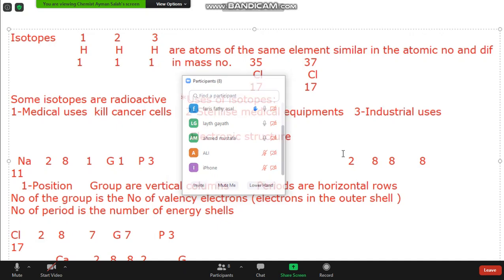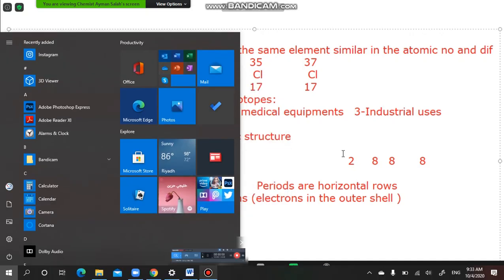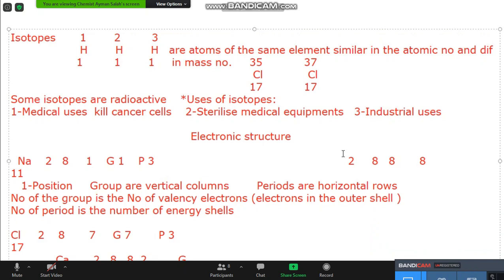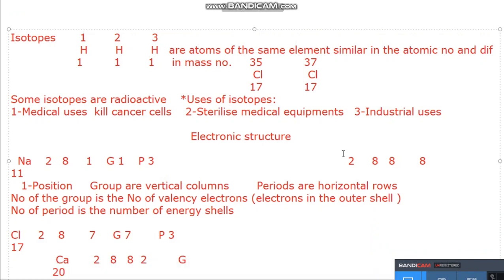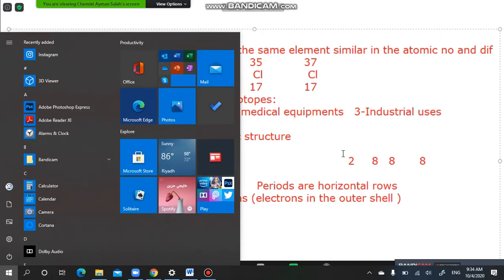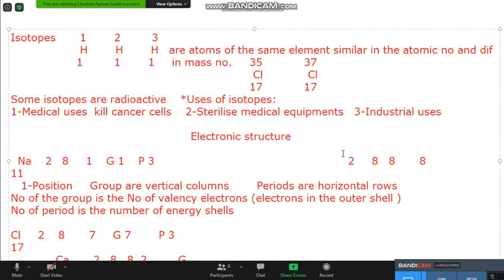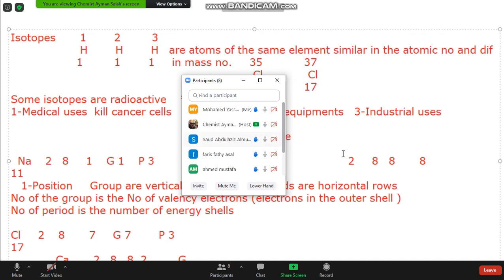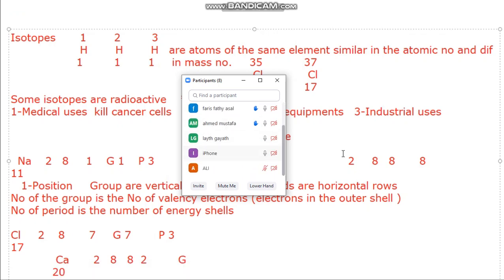No. He was with us in grade 7, then he came back. Okay. Ali, can you answer? We have iPhone. iPhone, can you answer? Are you iPhone 7 or iPhone X or iPhone what? Yeah, iPhone X.